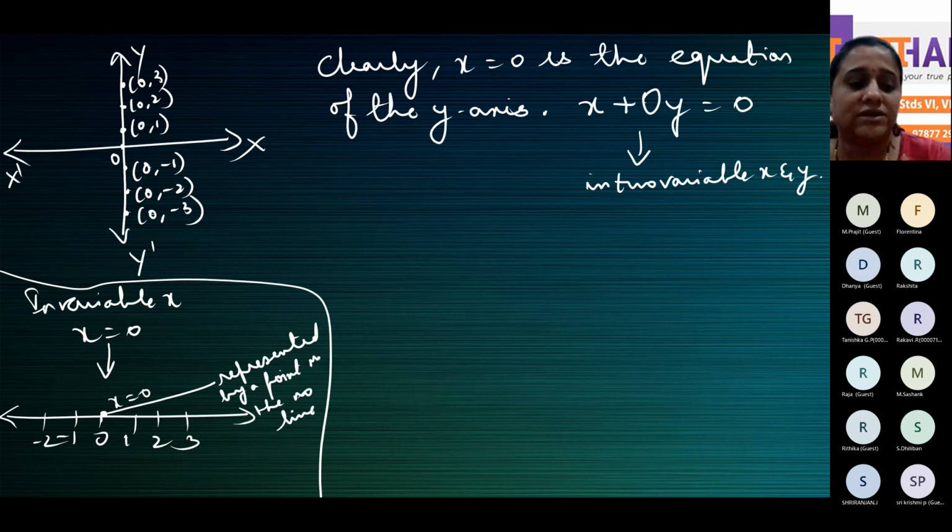In one variable x, it is represented by a point on the number line. In two variables x and y, it is a straight line, and the straight line is nothing but the y-axis itself.